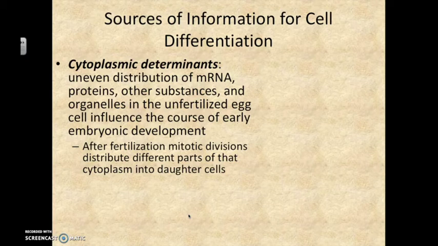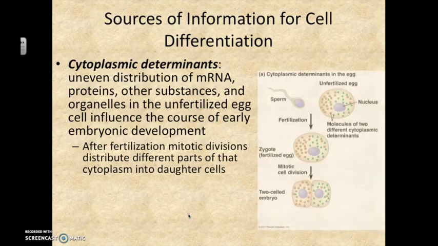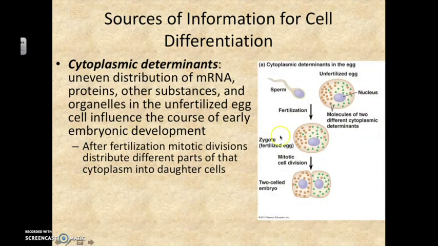One daughter cell is a little bit different from the other daughter cell in the concentration of these molecules that they have. So in the diagram over here, here's the unfertilized egg cell, and we're just focusing on two cytoplasmic determinants, the orange circles and the green triangles. So you notice that there's a high concentration of orange circles on the left-hand side of the egg cell and a high concentration of green triangles on the right side.